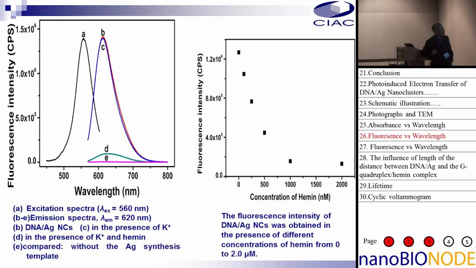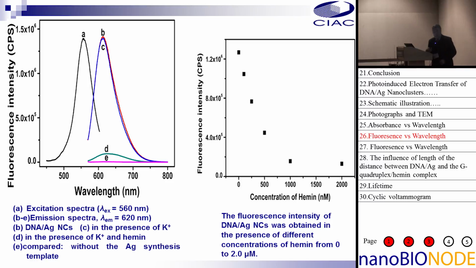In the presence of potassium and hemin, this is due to the photoinduced electron transfer, PET. Therefore, the quench effect is very significant, compared with the sample without it. Here, this is just to show you different concentrations of hemin, from 0 to 2 micromolar in this case.